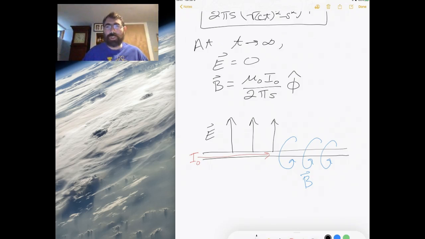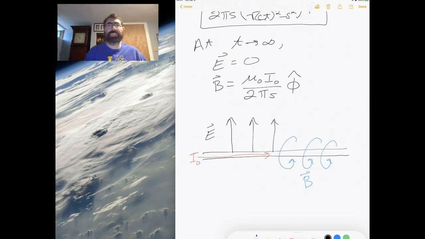But it's good to know that this whole derivation that we did, which was time dependent, eventually settles onto the static case, the time independent fields that we studied in previous chapters in the book. So that gives us some confidence that we know what we're doing in solving for these electric and magnetic fields.